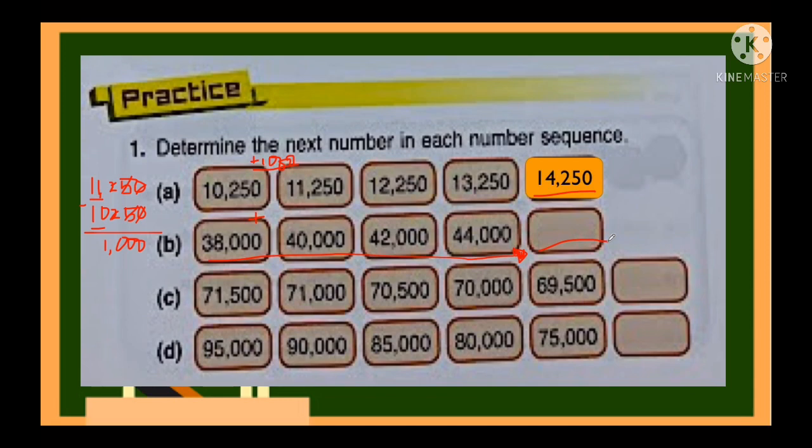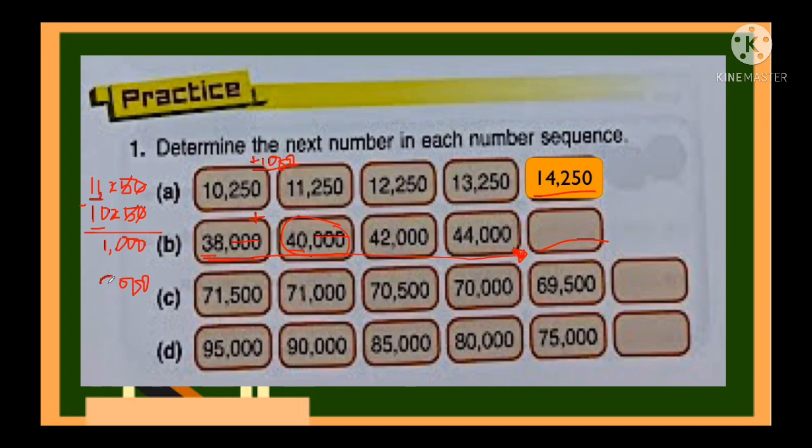Our first step is to minus this number by this number. So what is 40,000 minus 38,000? I'll give you a clue. I will erase first the 3 zeros. So it's easy now. What is 40 minus 38?